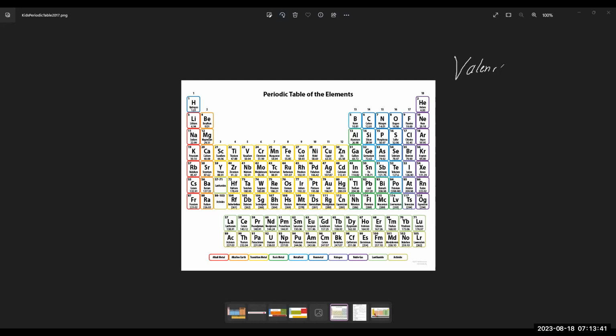Valence shell is the outermost shell with the highest principal quantum number, the main quantum number.